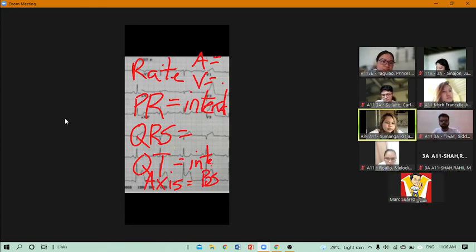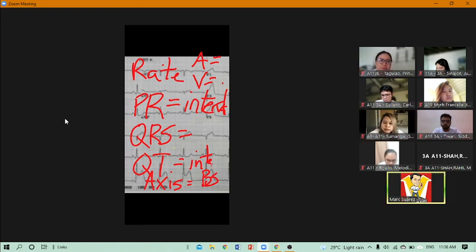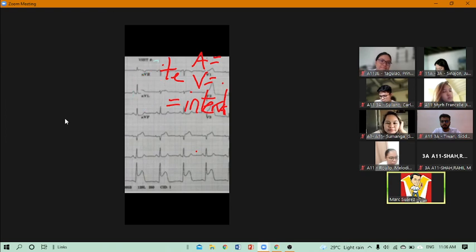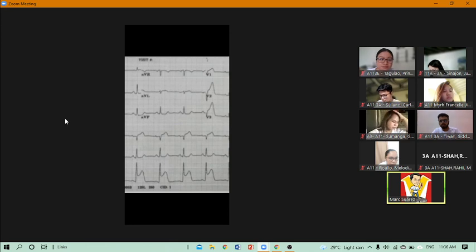Yes, Doc. And we will finish this ECG once and for all, so we will be able to interpret the ECG. Okay. So off the bat, can anyone remember how to compute for the heart rate, the atrial rate?